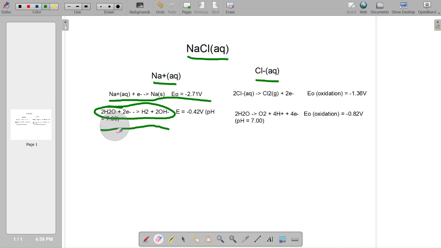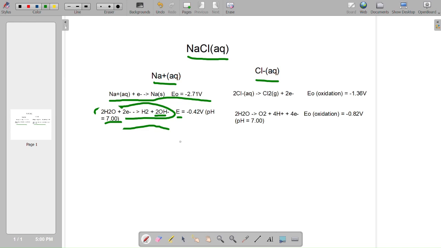Actually, give me a second here. You also have to consider that water is at a pH of 7, so this is not actually the standard reduction potential. You apply the Nernst equation first and you get the non-standard reduction potential, because remember, standard reduction potential means that the molarity is 1 molar. But here, OH minus is not going to be at 1 molar for water. That would be super basic, that's not water.